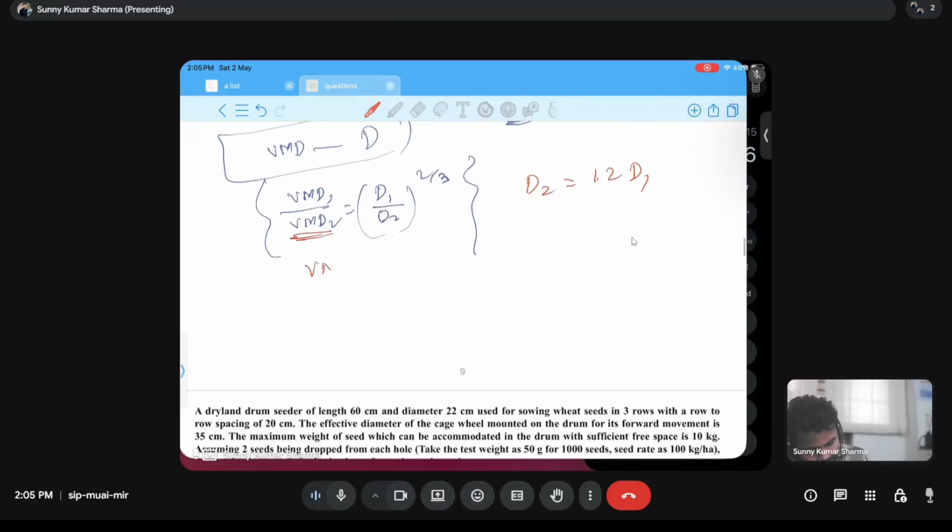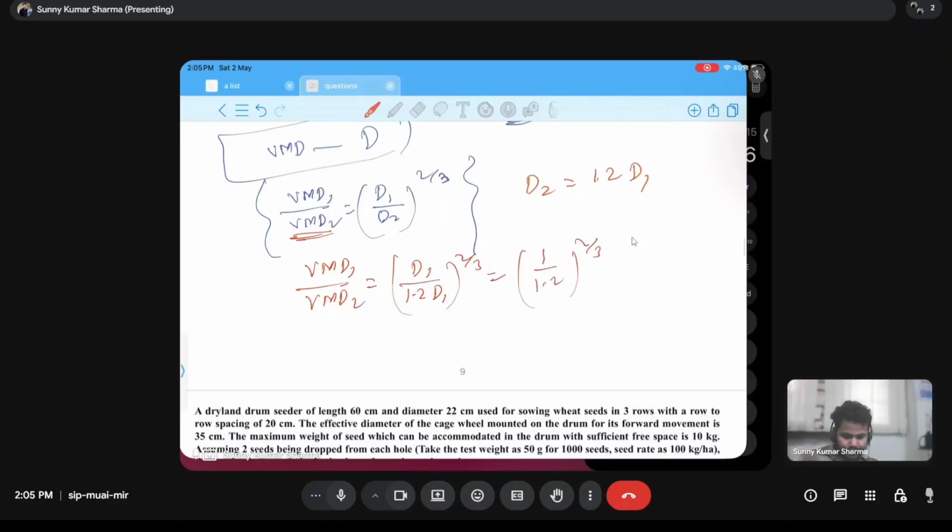So VMD1 by VMD2 is equal to D1 by 1.2 D1 to the power 2 by 3, meaning 1.2 to the power 2 by 3. 1 divided by 1.2 to the power 2 by 3 is 0.88.